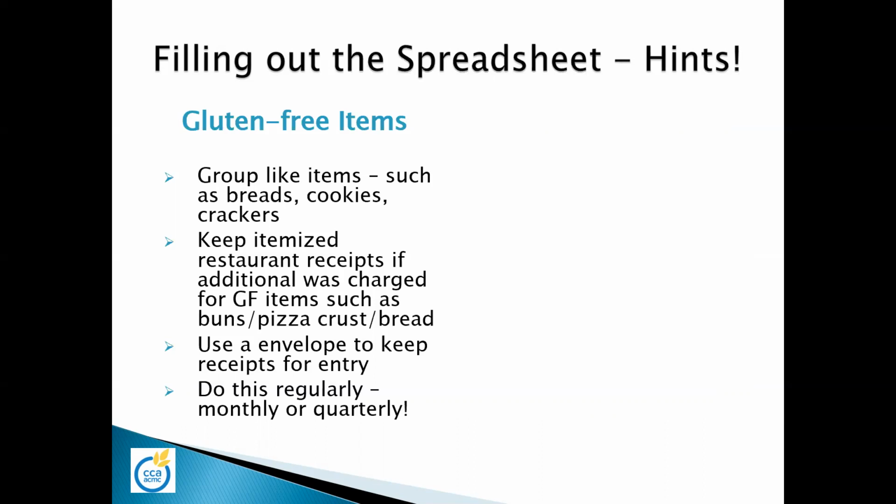And I enter the gluten-free item, the number of those items I purchased, and the name of the item, whether it be Glutino bread or Pamela's cookies or cold cuts, oven roasted turkey cold cuts, those types of things.